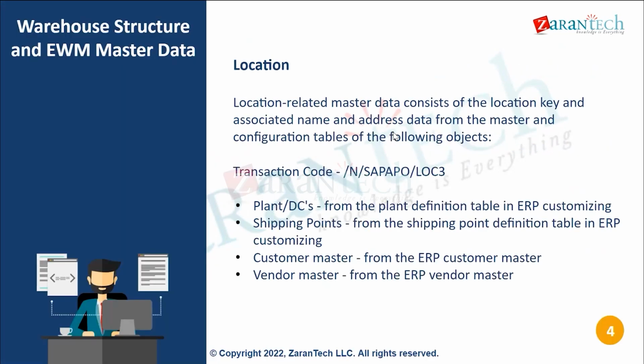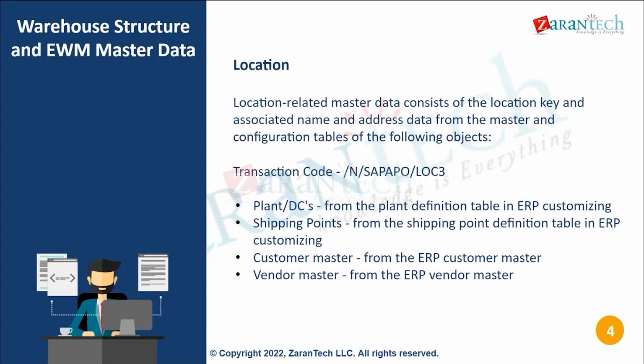So let's start with the location. What's the location in EWM? It's the area for whatever plants, shipping points, customer master and vendor master we create in the ERP system.